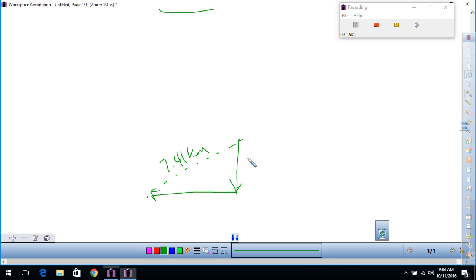And I knew that this one was 4.68. Then to find this westerly displacement, I'm going to do the square root of c squared minus a squared equals b squared, or b. So that's no big deal. You can handle that.